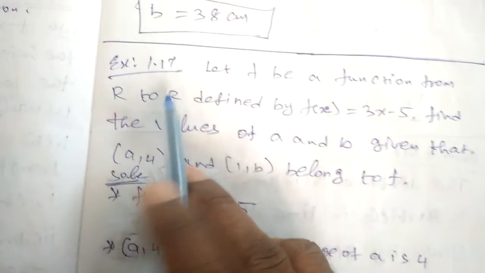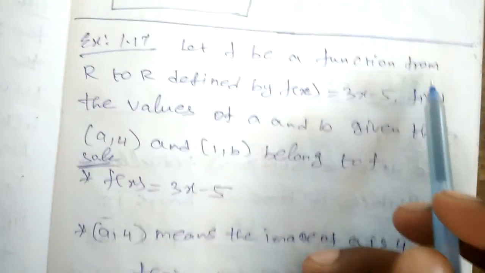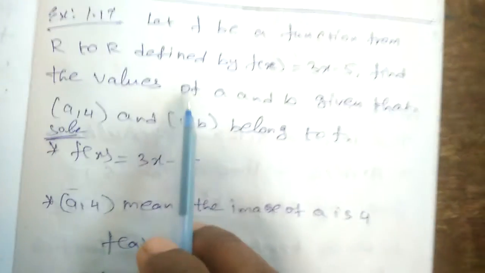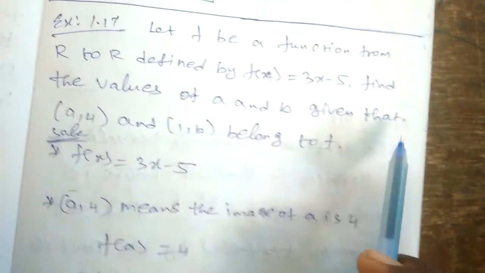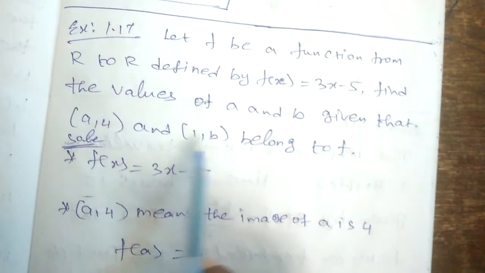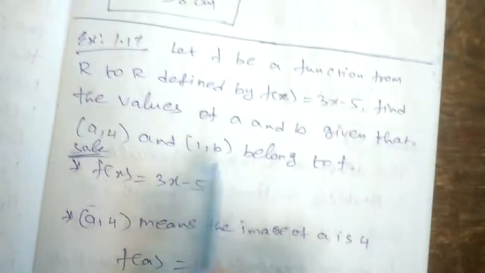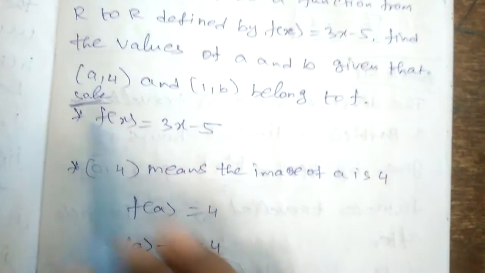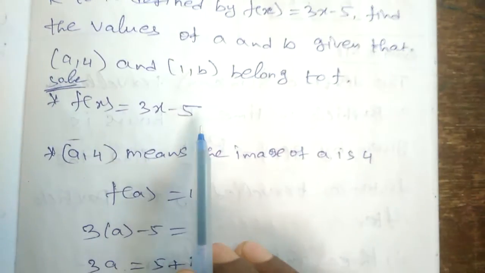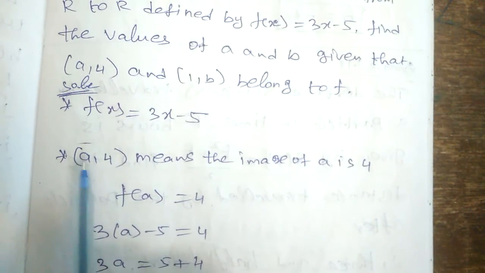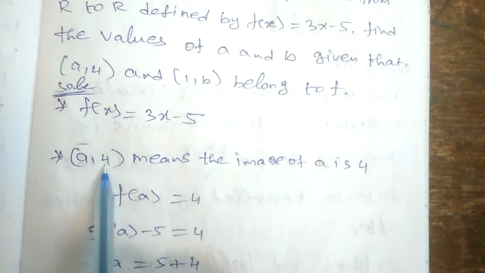Next, example number 1.17. Let f be a function from R to R. Define f of x equal to 3x minus 5. Find the values of a and b given that (a, 4) and (1, b) belong to f. These are ordered pairs. The ordered pair (a, 4) means the image of a is 4.